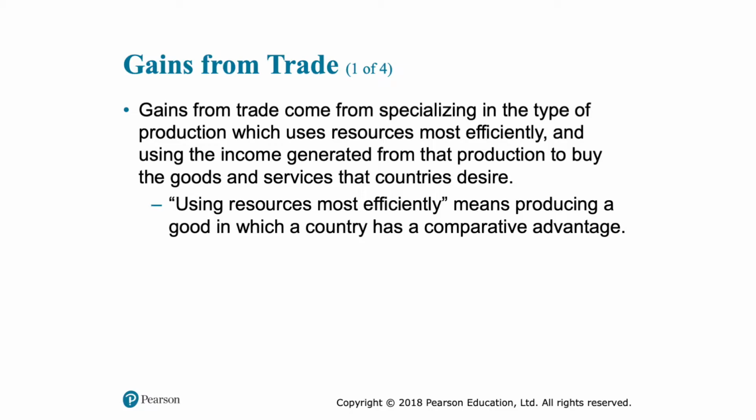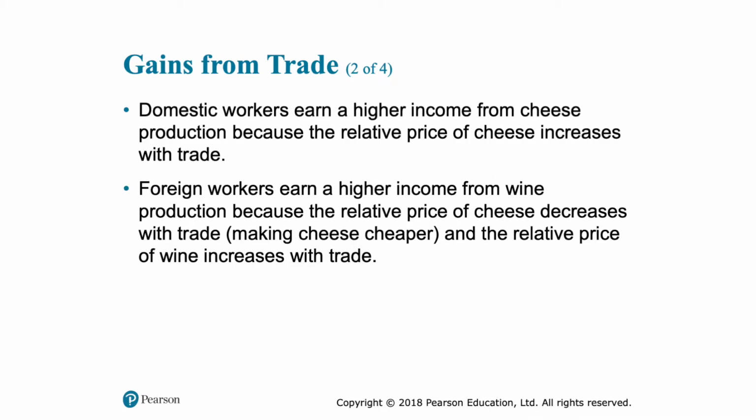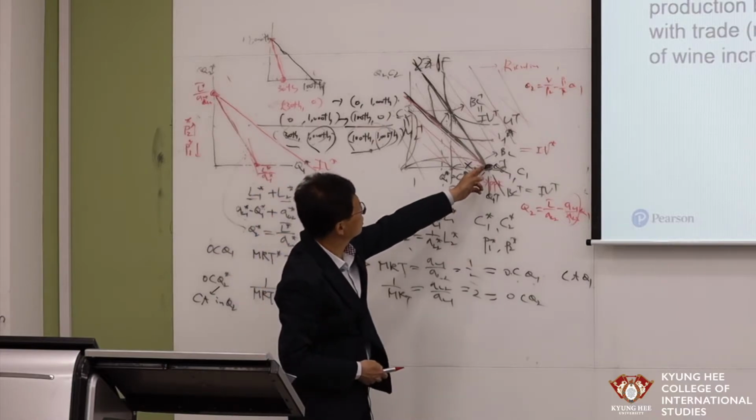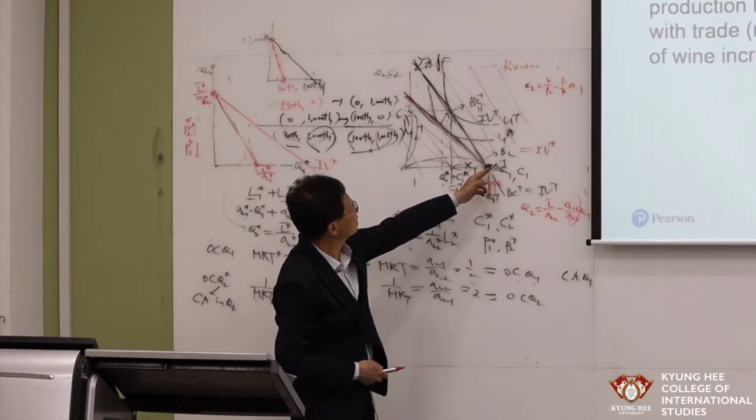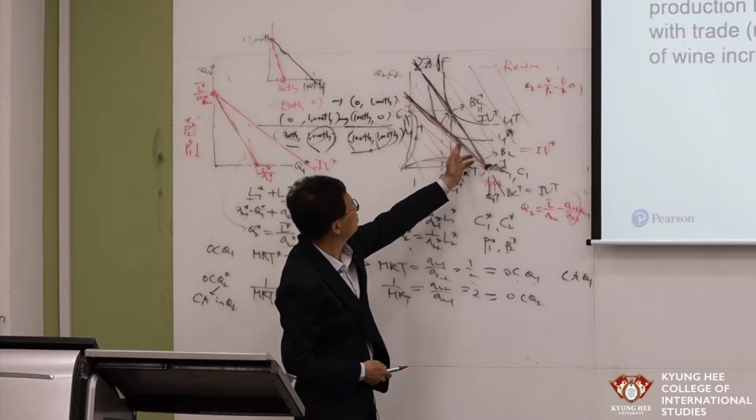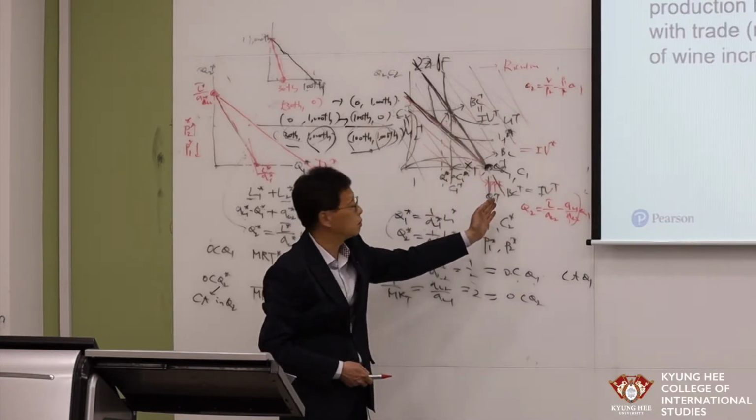Using resources more efficiently means producing a good in which a country has comparative advantage. Domestic workers earn higher income from cheese Q1 production because the relative price of Q1 increased with trade. I already explained. After trade, the price of the comparative advantage good increases. In other words, P1 increases in home, P2 decreases in home.